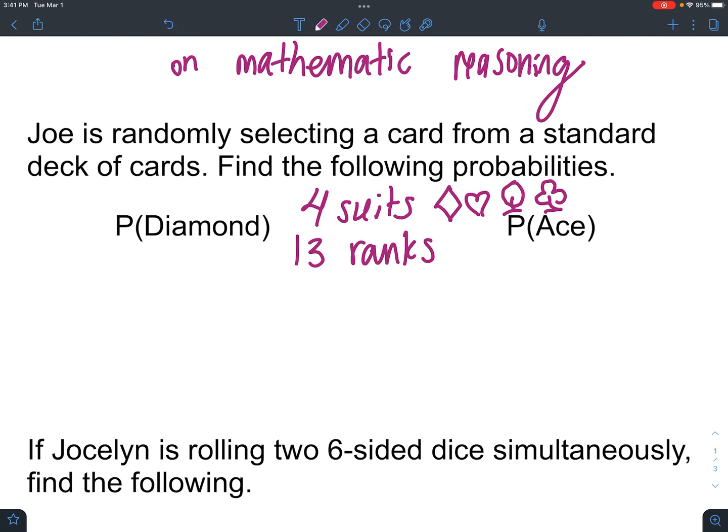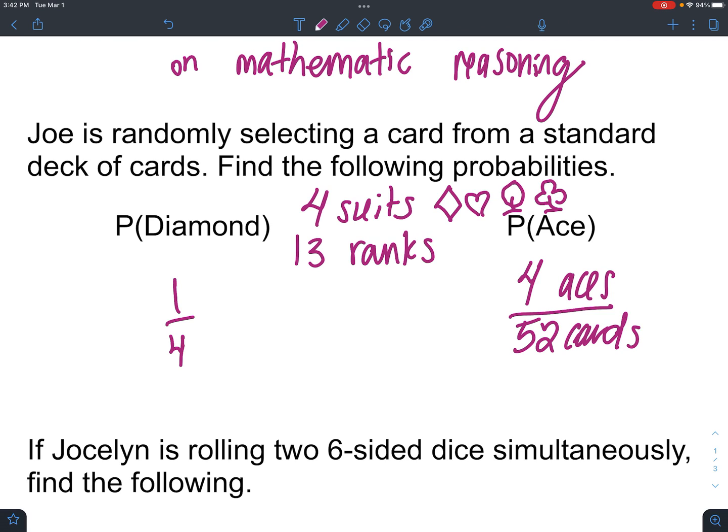Those are both black. So the probability of getting a diamond is 1 out of 4, because the diamonds make up 1 out of 4 of the cards. There are 13 diamonds, 1 out of 4 suits. And then if we wanted to find the probability of getting an ace, well, there are 4 aces in the deck of 52 cards, which is 4 times 13, which could be simplified to this.